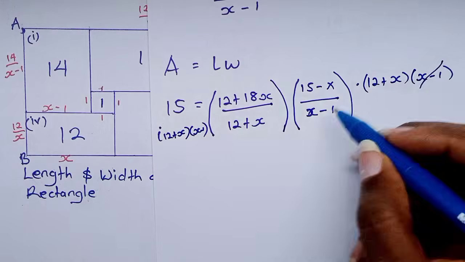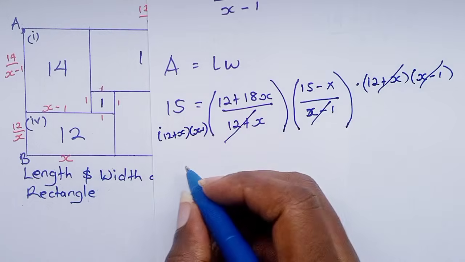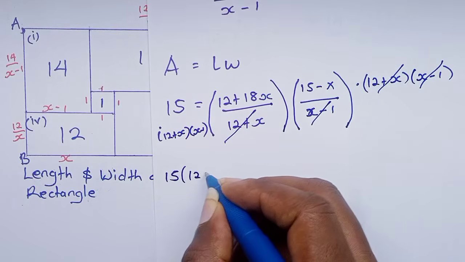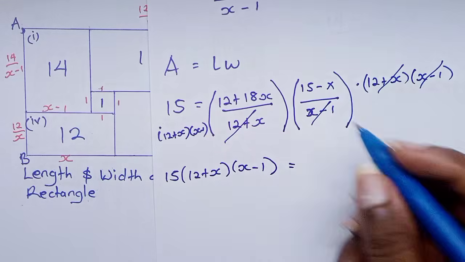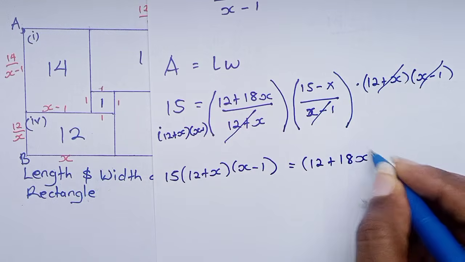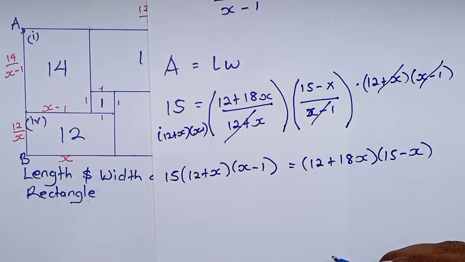So on this side, this cancels with this and this cancels with this. So we are left with 15 into 12 plus x into x minus 1 being equal to just the numerators, 12 plus 18x into 15 minus x.